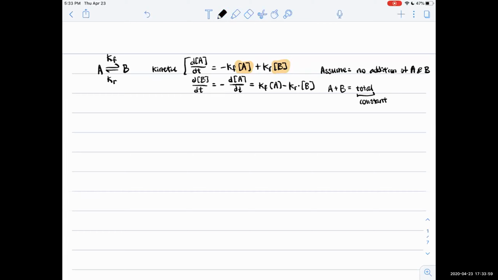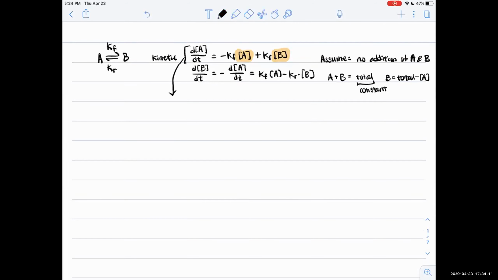Because of the assumptions we make here, we can rewrite B in terms of total minus the concentration of A. So if I rewrite this equation, it's going to be dA/dt equals minus Kf times the concentration of A plus Kr times total minus the concentration of A.